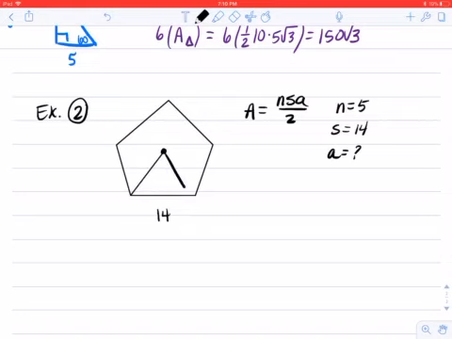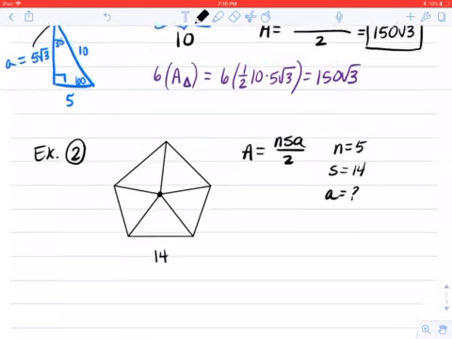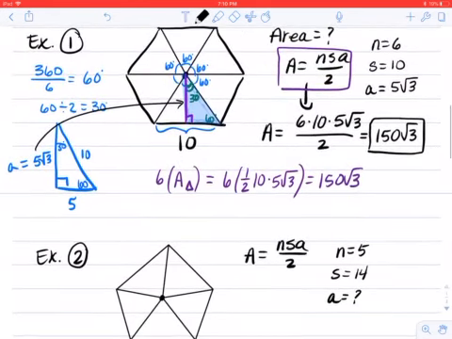Draw your radii. Boom. Boom. Boom. Boom. Boom. Okay. Make that better. Okay. So, pretend like they're all wonderful and perfect and even.